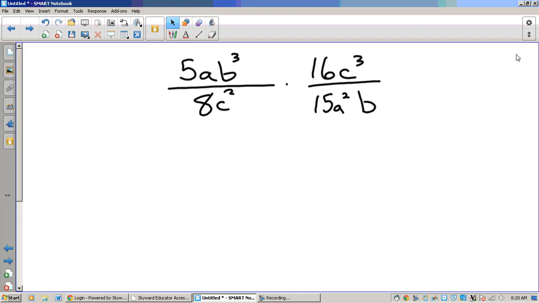And that's just multiplying straight across. What's 5 times 16? Yeah, 80. So you've got 80. And then a, b, c cubed. If you just multiply those, it just stays the same. We don't have any more a's. It's just a b cubed c cubed.